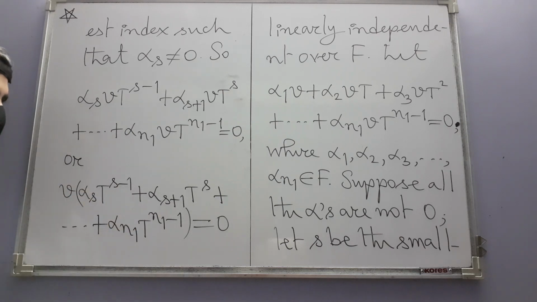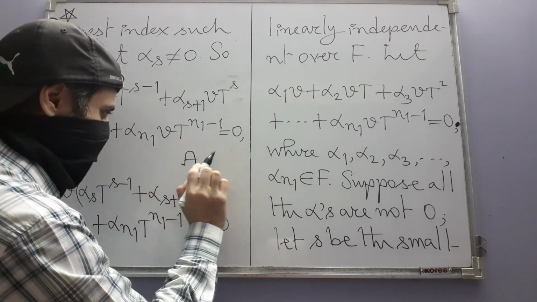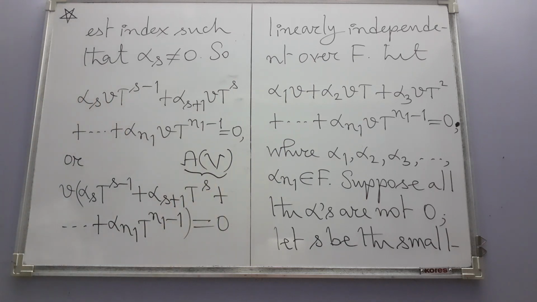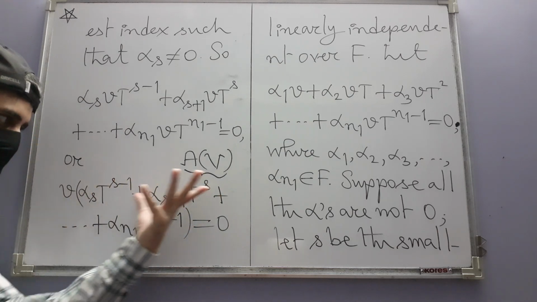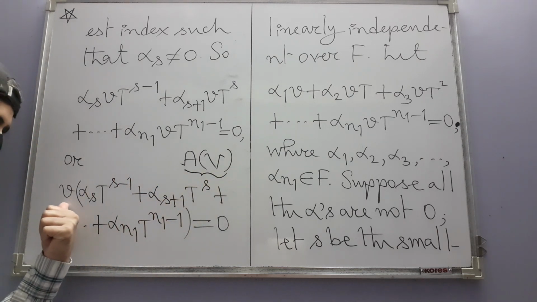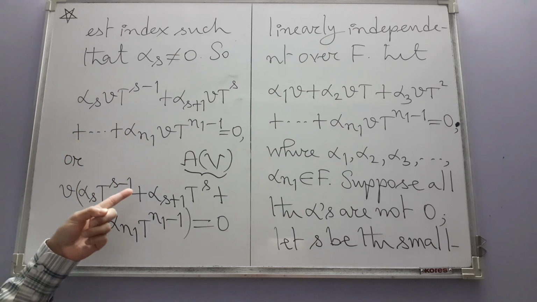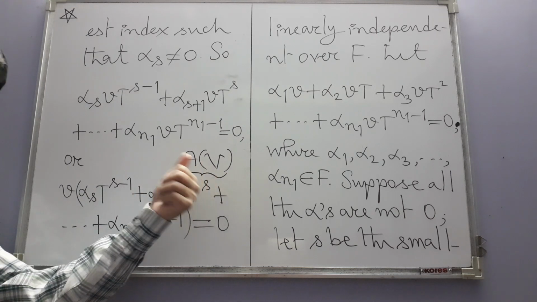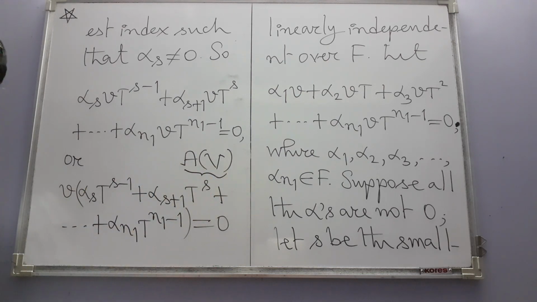Now if you go back to the definition of the operations of vector addition and scalar multiplication in this algebra, you will see that applying this entire operator, this linear combination on the vector v actually means this, where we have used both the definition of multiplication by a scalar in A of v and addition of two objects, two operators in A of v.